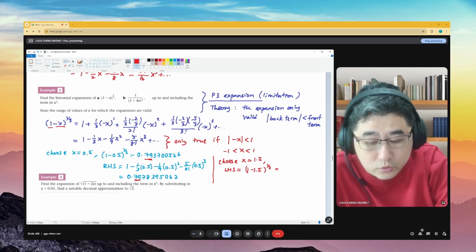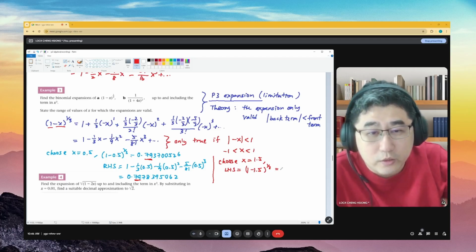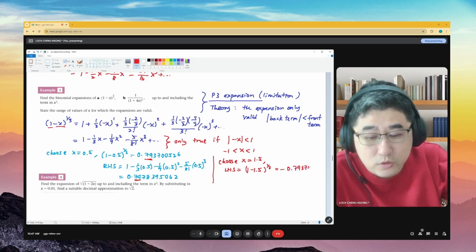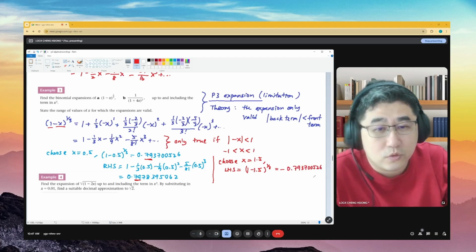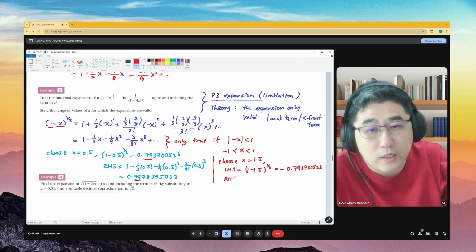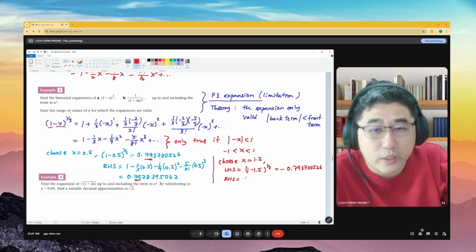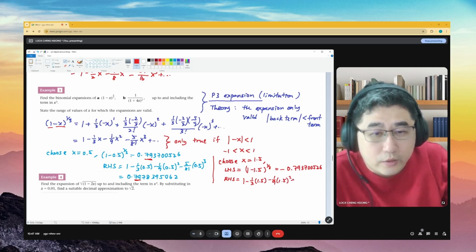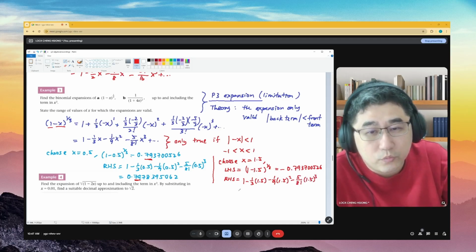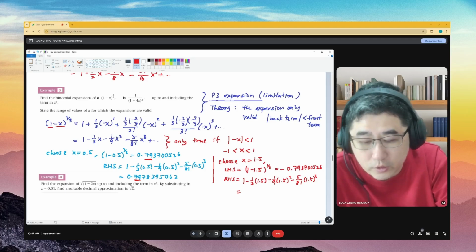So I have a negative 0.7937000526. For the right hand side, let's see what we get. 1 minus 1 over 3 times 1.5, minus 1 over 9 times 1.5 squared, minus 5 over 81 times 1.5 cubed.